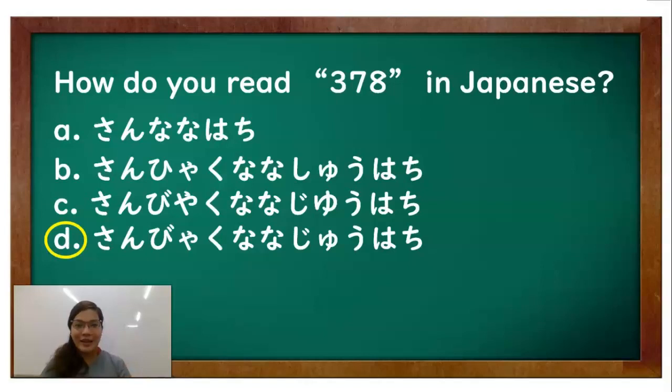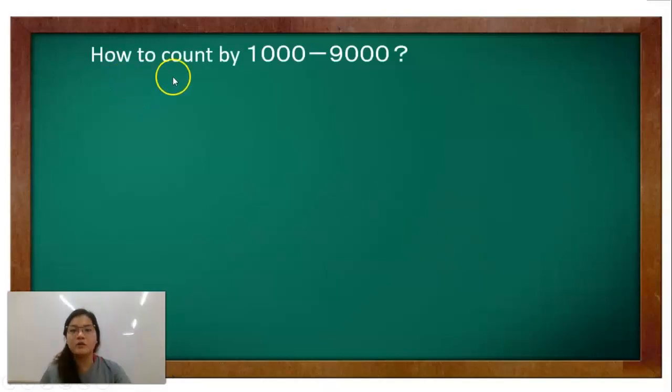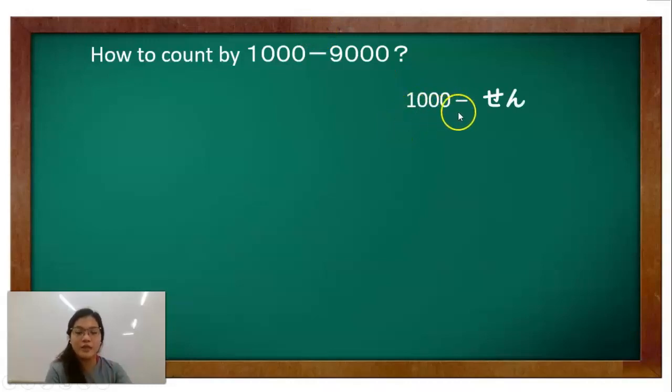And for our next topic is about sen, or it is about thousand. So how to count by 1,000 to 9,000 this time? Okay, so remember 1,000 is read as sen, or thousands are read as sen. So to make it 1,000, you don't need to put ichi to make it ichi sen.